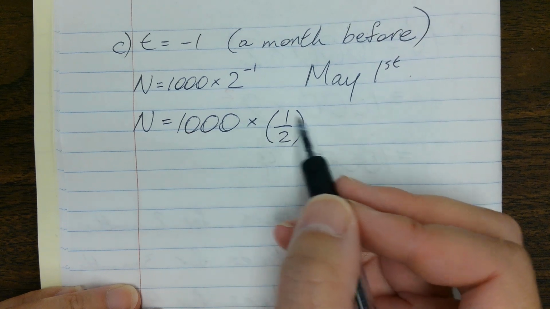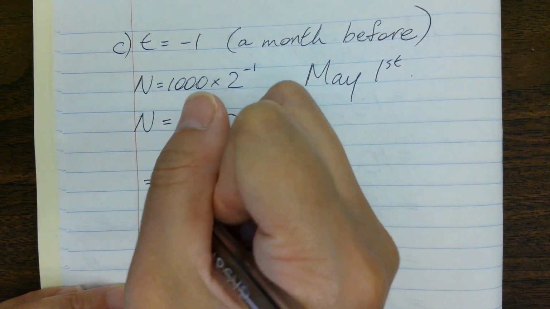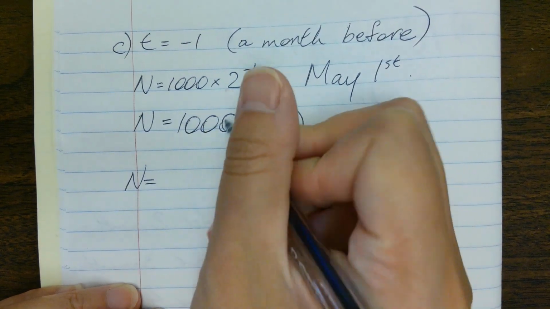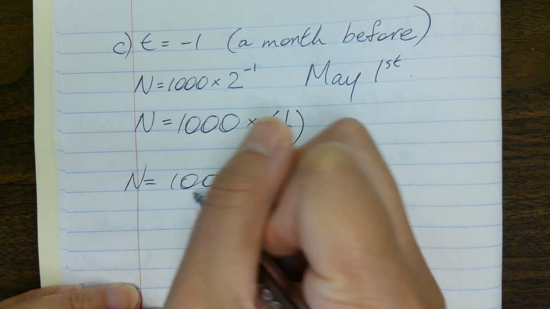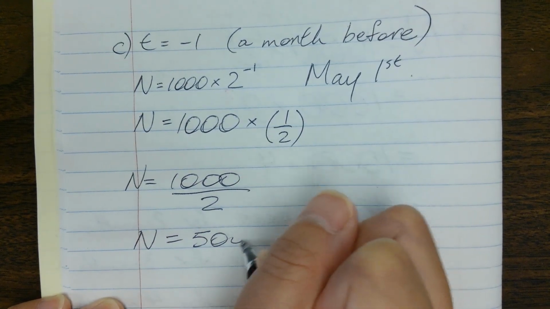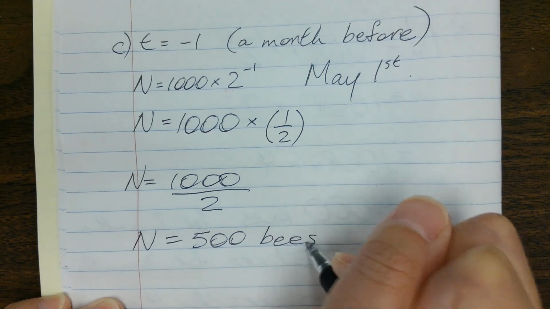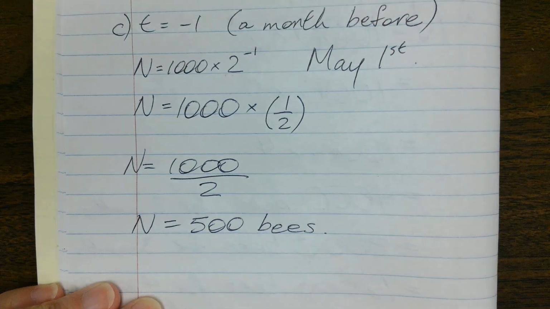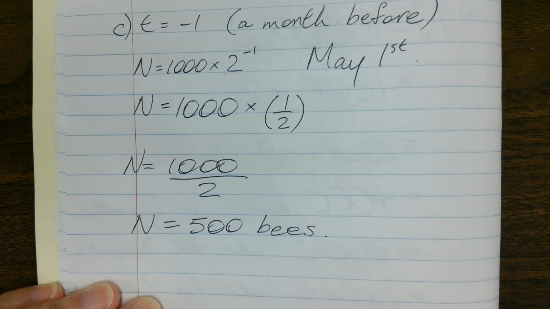And so what's 1,000 times 1 over 2? You get 1,000 divided by 2. And so n equals 500 bees. Okay, and it makes sense. May 1st, you have 500 bees. June 1st, you have 1,000 bees. July 1st, you have 2,000 bees, and so forth.